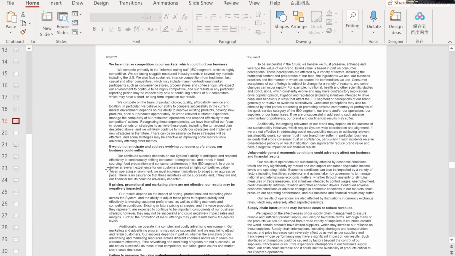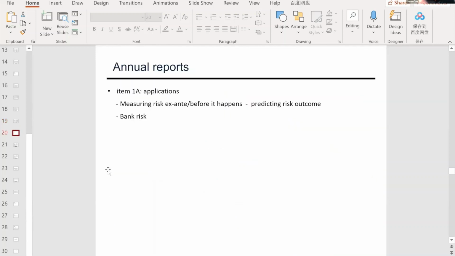So what can you do with this data? The first thing you can do is, once you know the risk, can you predict the future outcome? If companies say they have supply chain risk, can you use that to predict the company is going to do something bad about supply chain? If the company is saying they have legal lawsuits, can you use that to predict the company will have legal lawsuits?